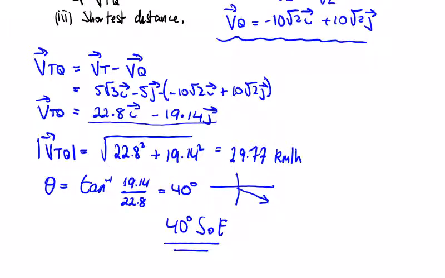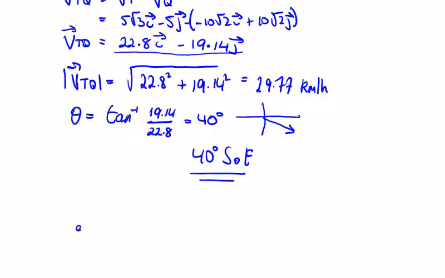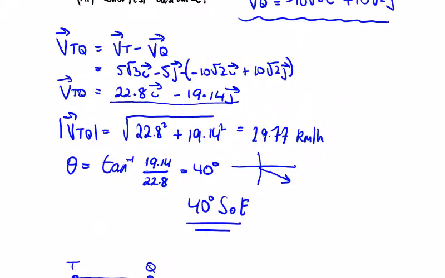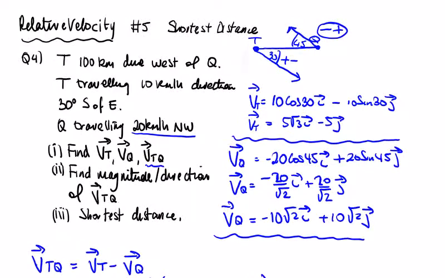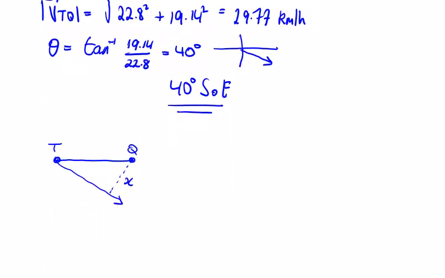And then we're looking for the shortest distance. Just jot down T and Q again. T relative to Q was positive, negative, so it's in this direction. The shortest distance along here, we call it x, and the distance between T and Q was 100 kilometers, and theta here is 40 degrees.